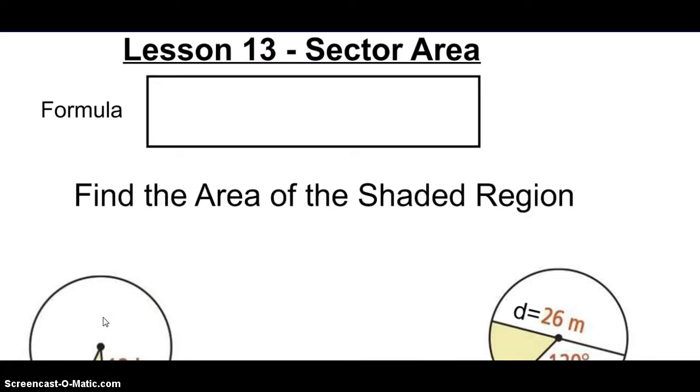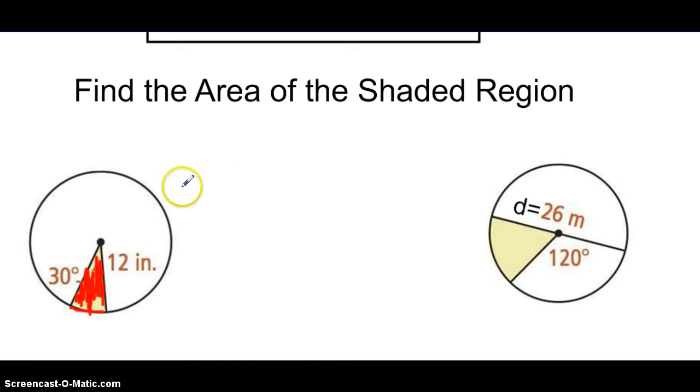Let's start off with the formula. The formula to find the area of a sector is m over 360 times pi r squared. Okay? That's our formula. So going down here, we're going to rewrite our formula.